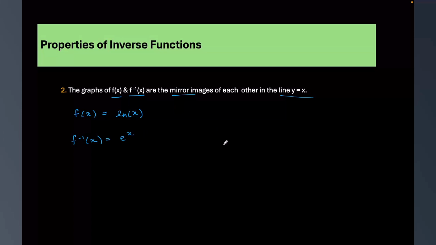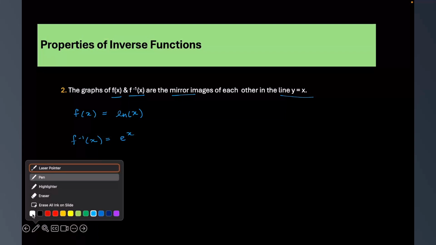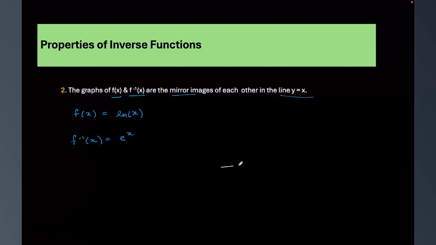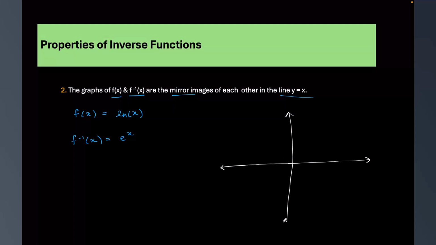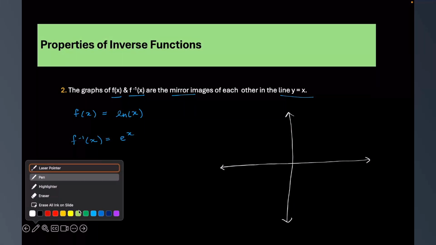Okay. Now if I were to draw this function, let me change my color to white, and if I make the axes here, okay, these are my axes. And let's make the functions in blue again.